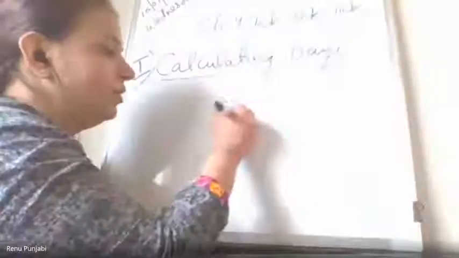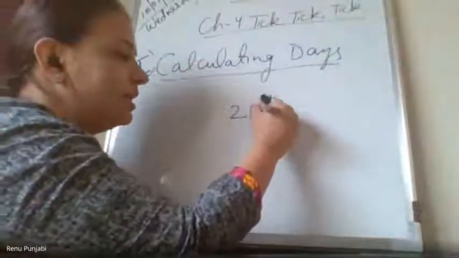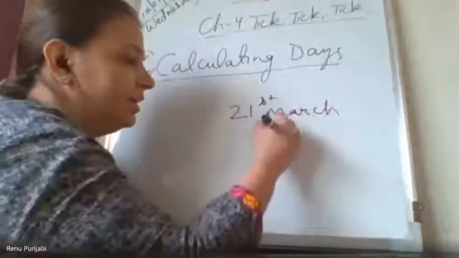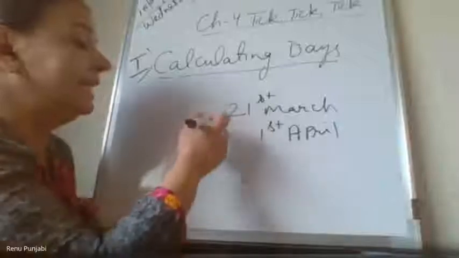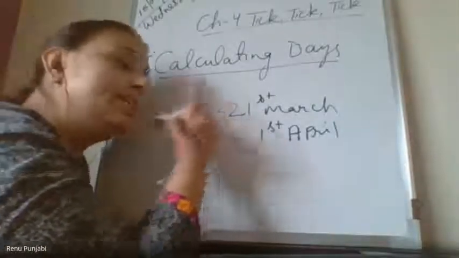As you had written, 21st March and 1st April, it was between. No, here it is saying how many days the project has taken to complete.